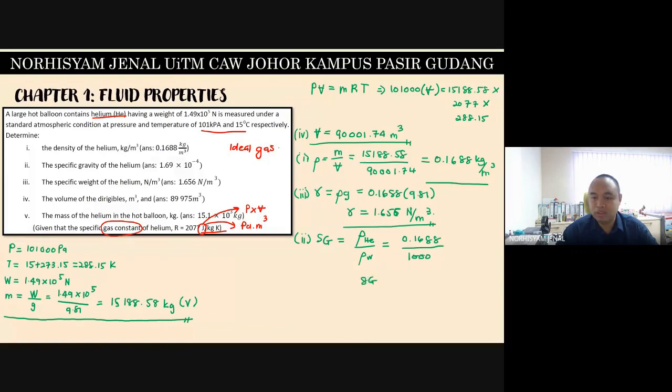So Sg will be a very small number, 0.1688 times 10 to the power of negative 3. Okay, that should cover the question for today.